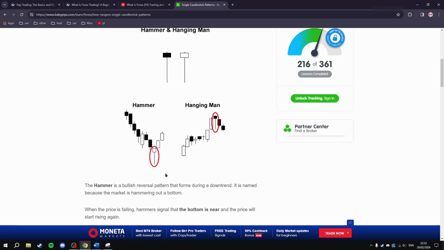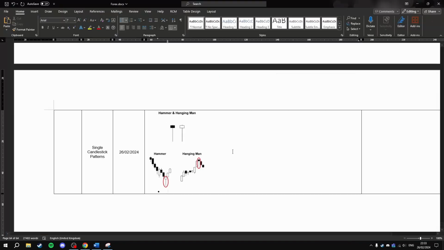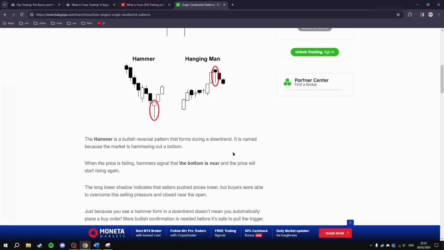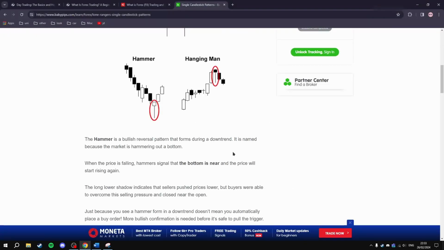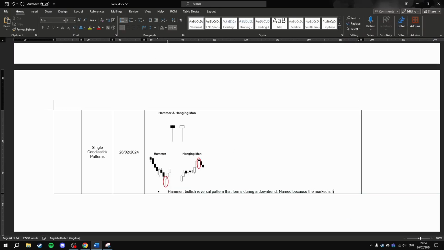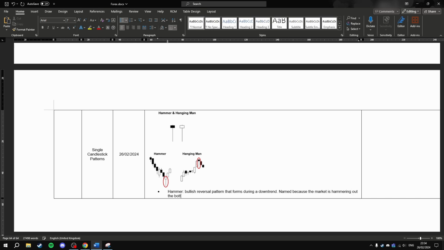The hammer is a bullish reversal pattern that forms during a downtrend. So this is the hammer. It is named because the market is hammering out a bottom.